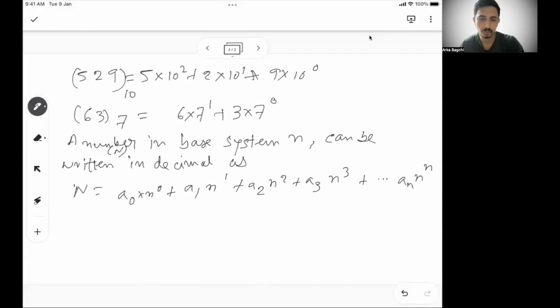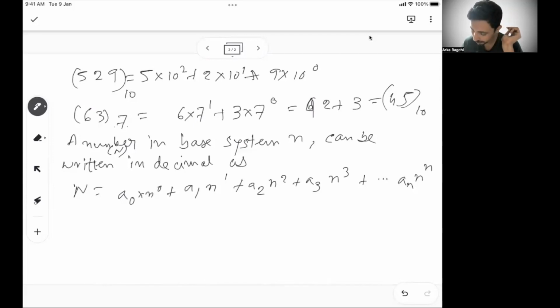So basically, what I'm trying to say is, if I write 63 in base 7, this will become 42 here plus 3 here. So 45, 63 base 7 is same as 45 in base 10. So this is the next part. What we want to learn is how to convert from any system to a decimal system.